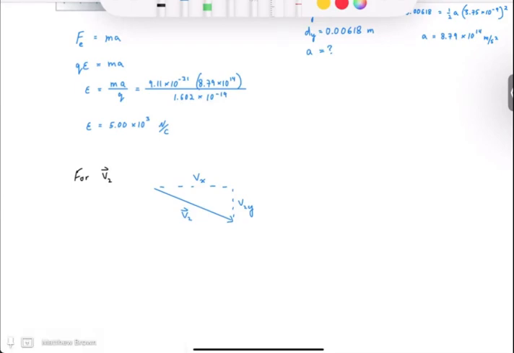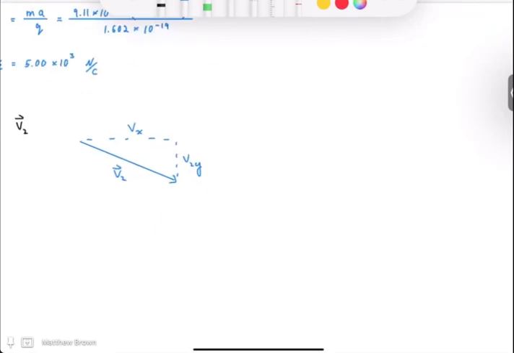I found the acceleration, so V2y would be, I could just use the equation, V1y, which is 0, plus at.